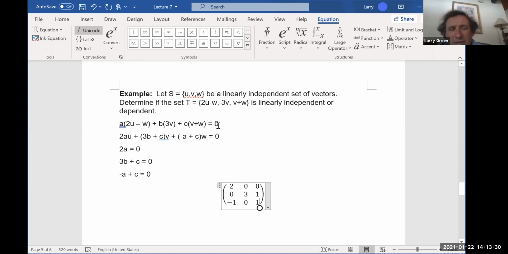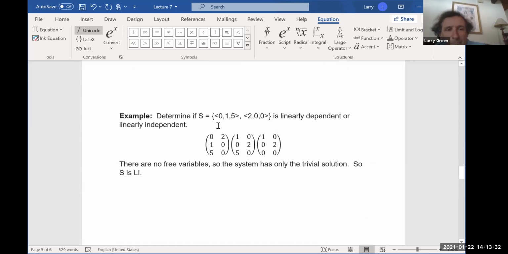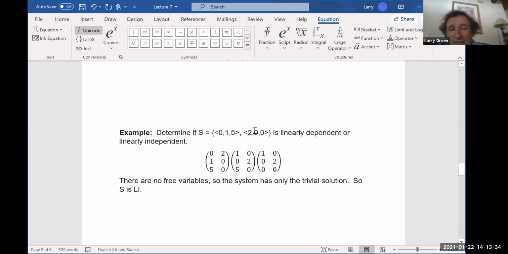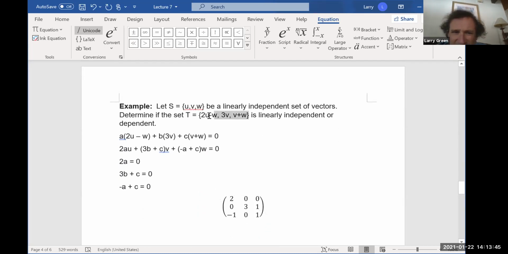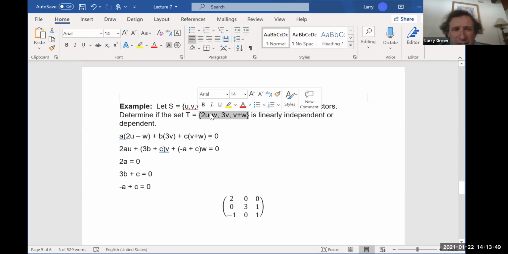Whereas in the other example, we're given S as a set of vectors. So if you want to find out if those vectors are linearly dependent, just write them as a set of column vectors. But for this example, it doesn't make sense to write these as column vectors, because what would the first column be? Yes, it's 2, 0, negative 1, because they're the coefficients, but you have to get to it first. Does that make sense?